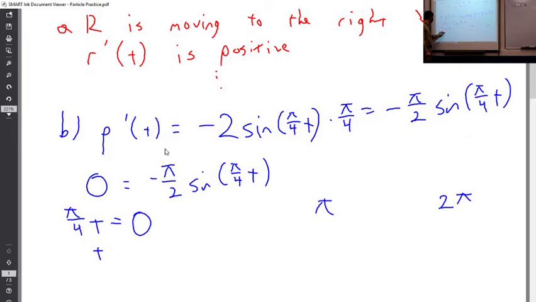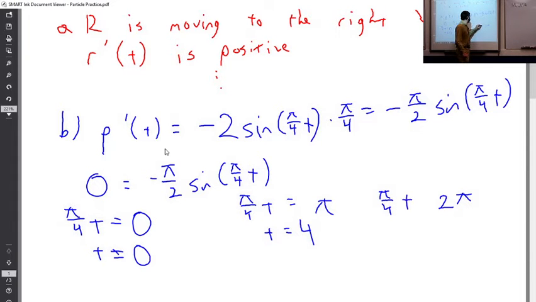Well, 0. What will make the thing inside here pi? 4. What will make the thing inside here 2 pi? 8.